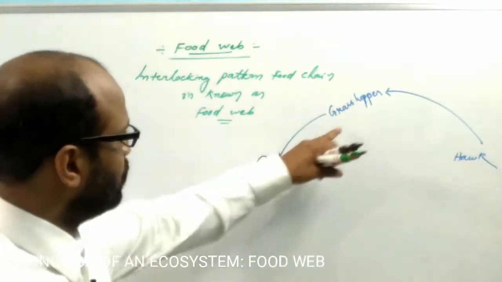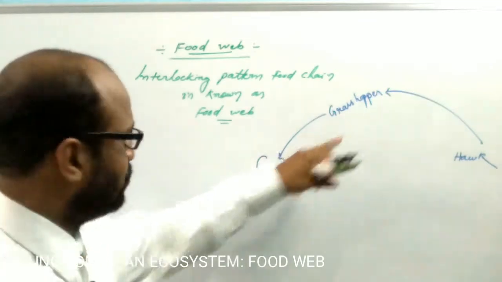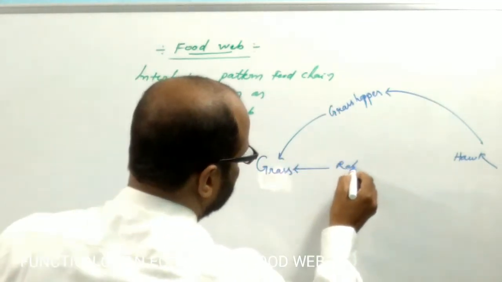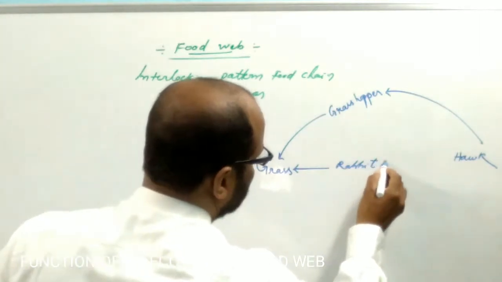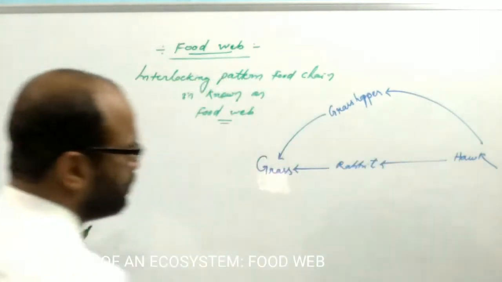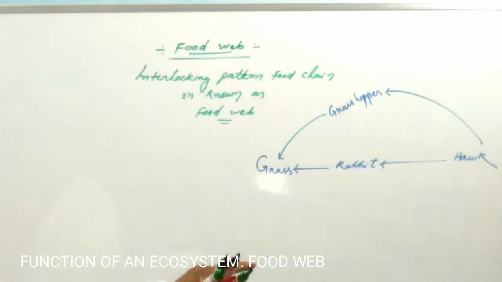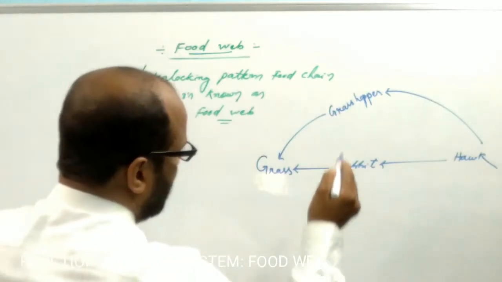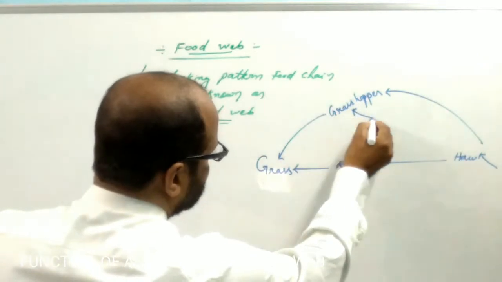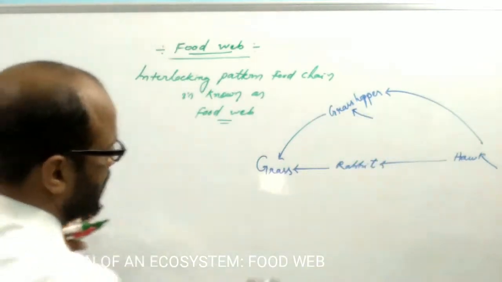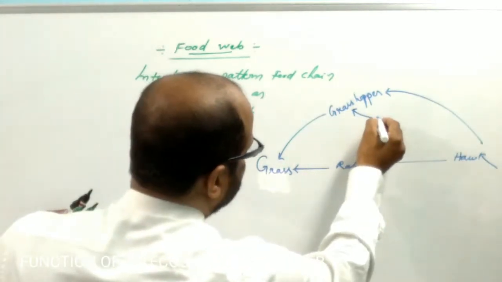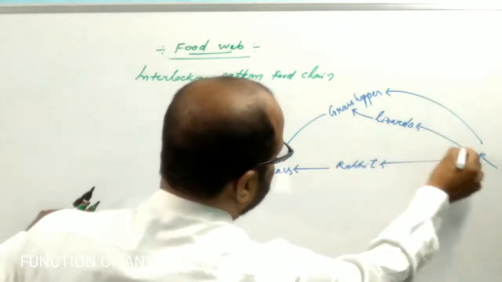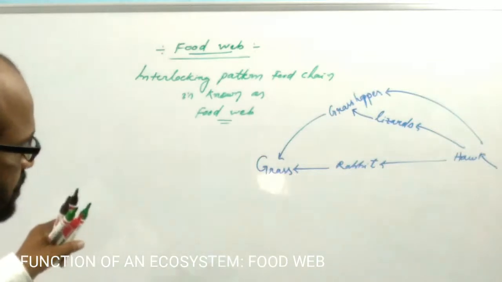If there is no grasshopper, then the grasses become the food of the rabbit, and the rabbit becomes the food of the fox. Or the grasshopper may be the food of the lizards, and lizards become the food of the fox.